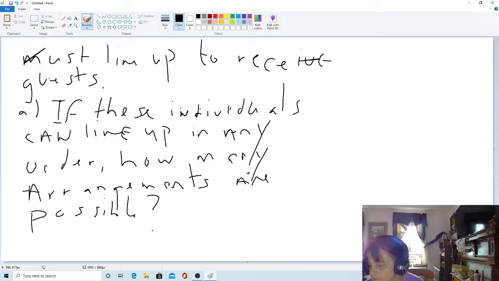Okay, there's four bridesmaids, four ushers, four and four is eight, the maid of honor and the best man, that's 10, and then the bride and groom makes 12. So that's 12 people, and in any order.